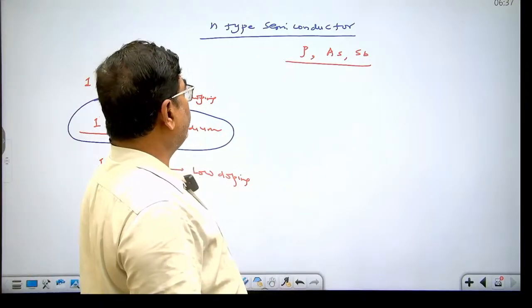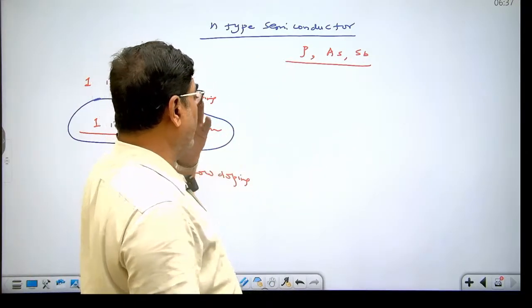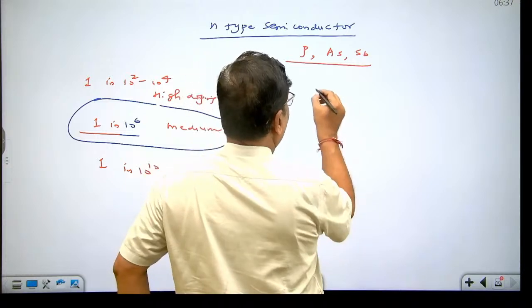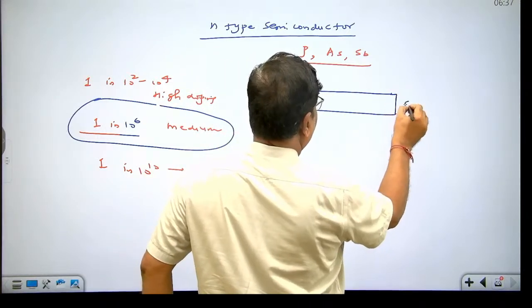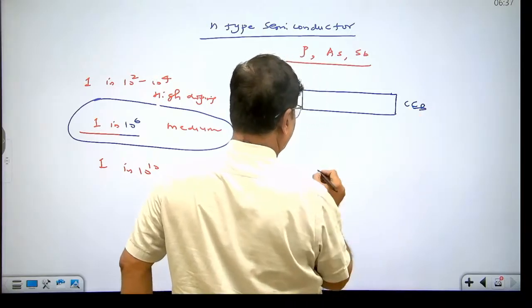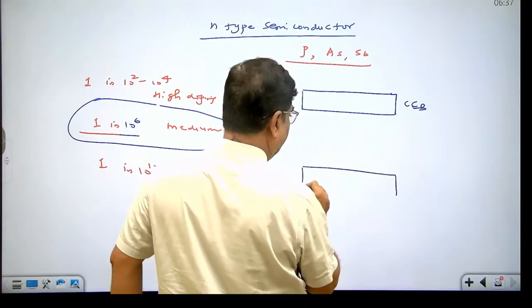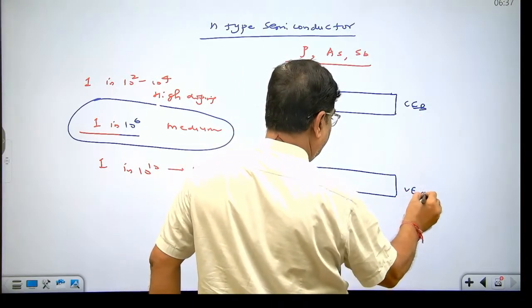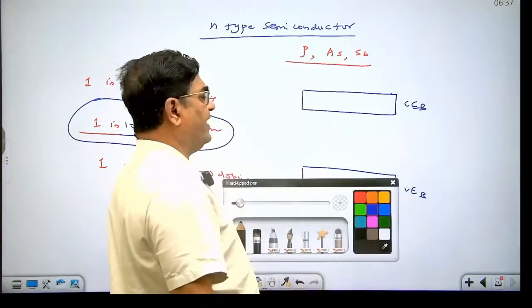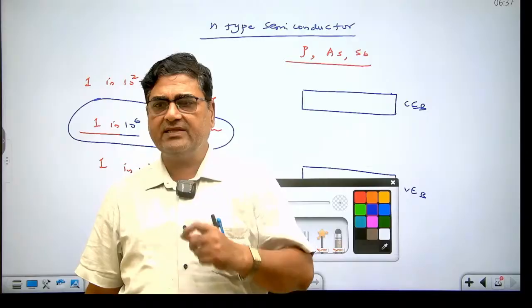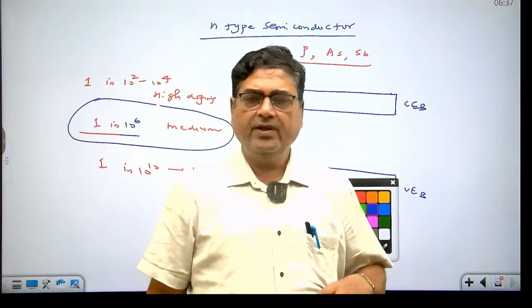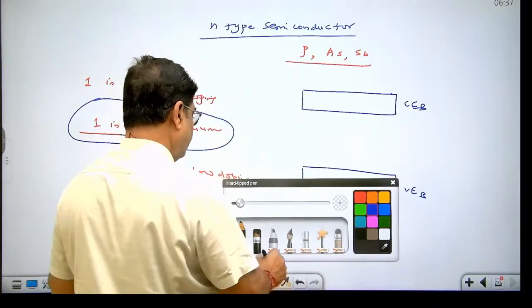So to form N-type semiconductor, we add pentavalent impurity. In case of N-type semiconductor crystal, this is the conduction energy band and this is the valence energy band. Because the fifth electron is attached with very little energy, about 0.03 electron volt, it is very easy to detach.